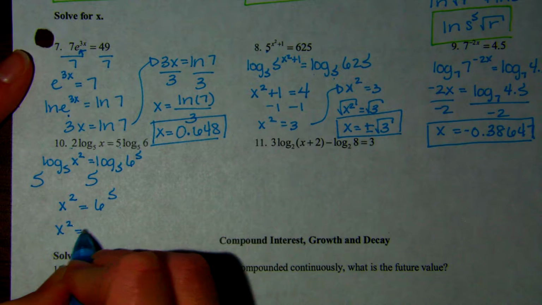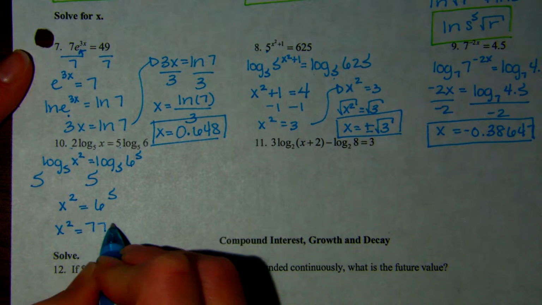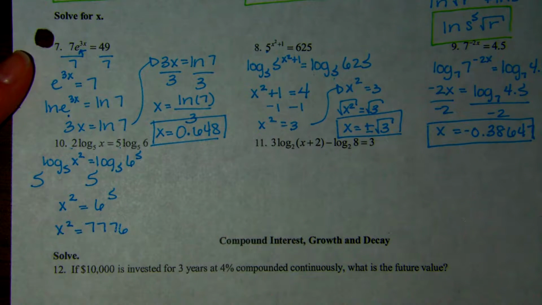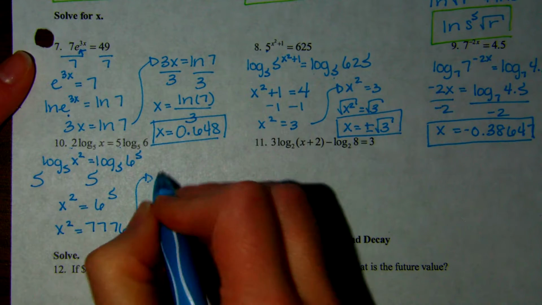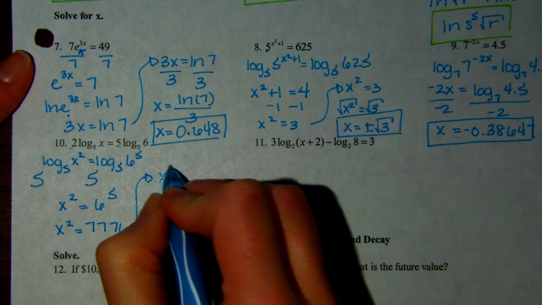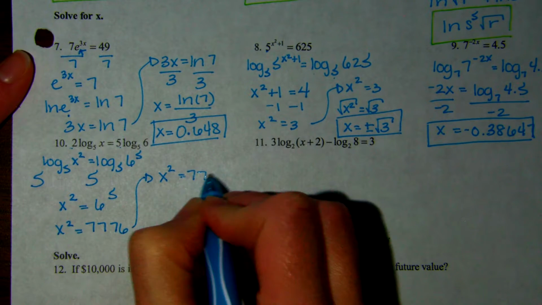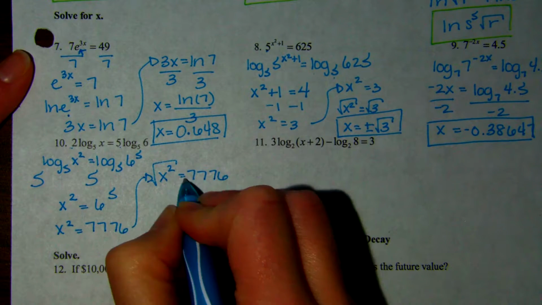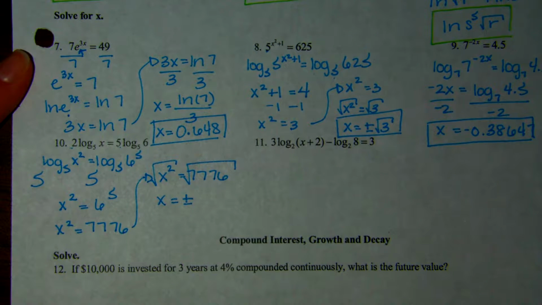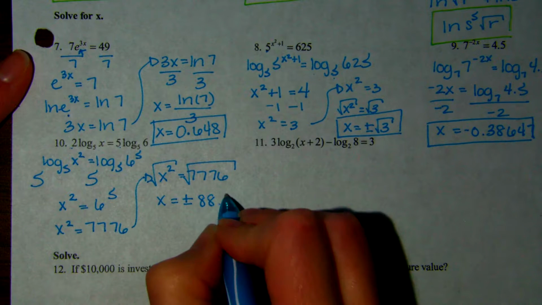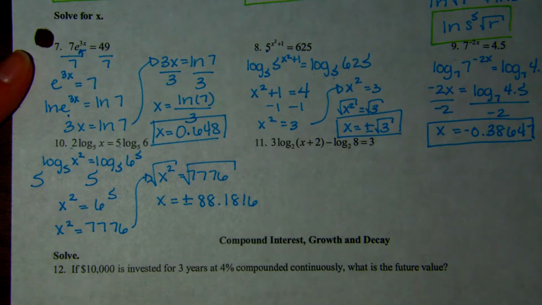That's x squared is equal to 7,776. To solve for x, you take the square root of both sides. X is equal to plus or minus 88.1816.